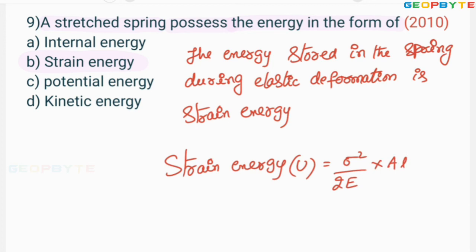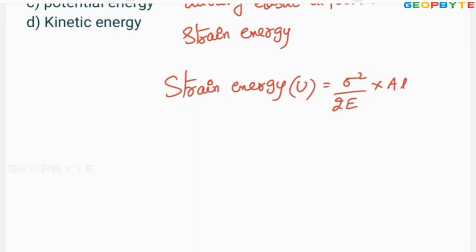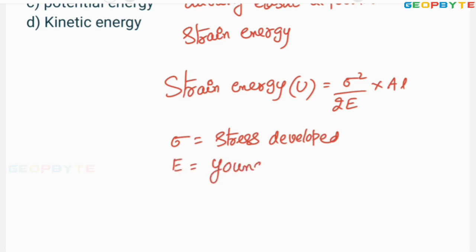That is the formula to find the strain energy, where sigma equals the stress developed, E equals Young's modulus, A equals area of cross section, and L equals length.